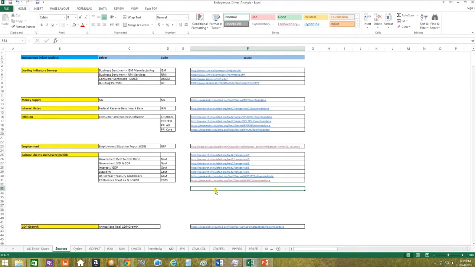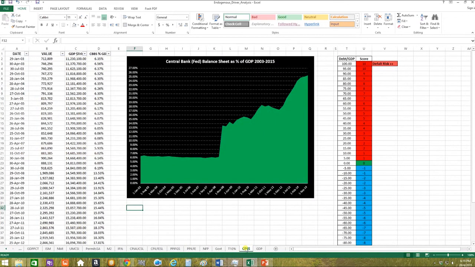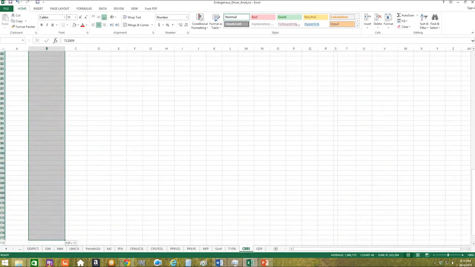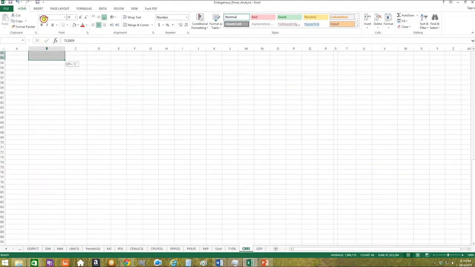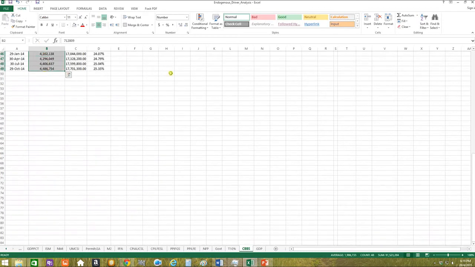If we go back into the spreadsheet and scroll across, the tab we want is the CBBS tab. And the data that we download is the value of the balance sheet here, all the way up to present day.